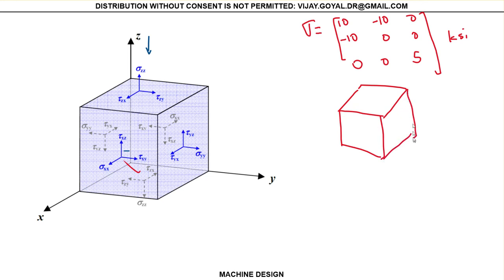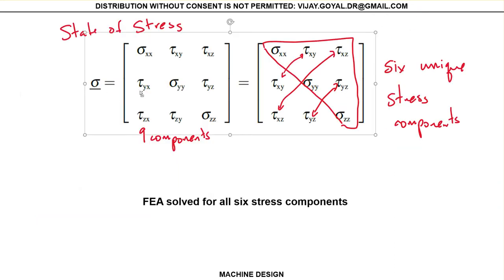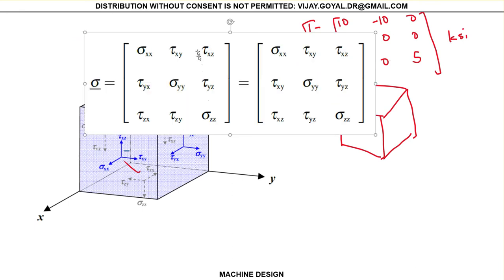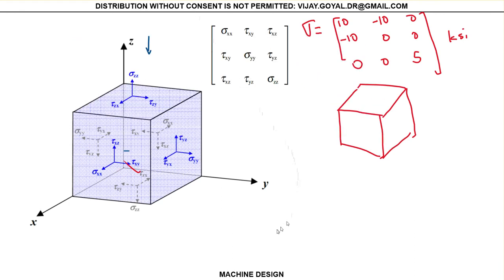Okay. And if you remember from here, it just tells you the values. So the first value, sigma xx, has a value of 10.